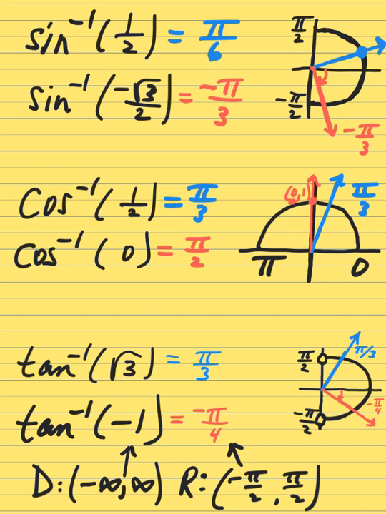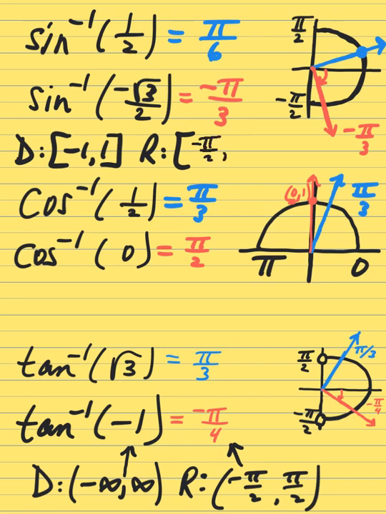Let's think back to sine and cosine. Now, they had the same domain and range. The domain was between negative and positive 1 inclusive, and the range was between negative pi over 2 and positive pi over 2.